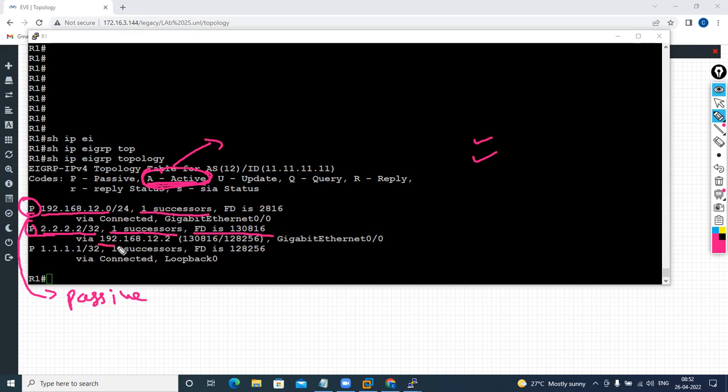This is how to reach, that is the neighbor IP. The first represents your FD and the second represents your AD, advertised distance. And this is how to exit it out, the exit interface.